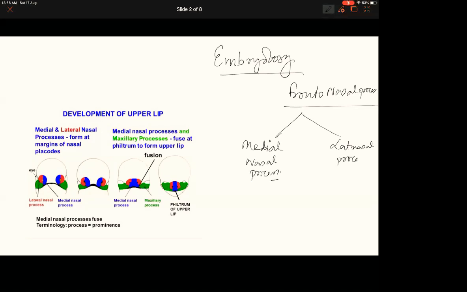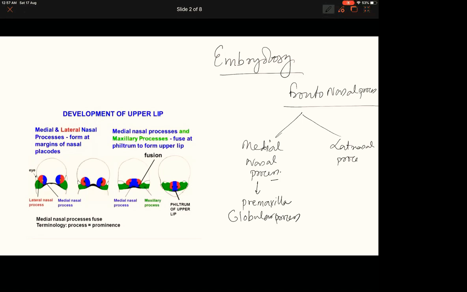The medial nasal process, remember, will give rise to the two globular processes and the premaxilla. So there is a premaxilla and then a globular process. The lateral nasal processes will in time fuse with them.